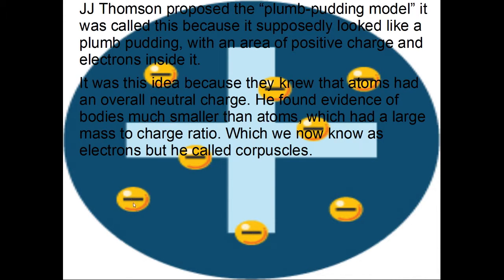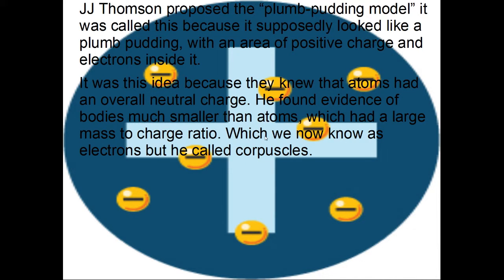If I remember right, electrons are just under 2,000 times smaller than a proton, and they had the same charge as a proton, so that is correct. He called them corpuscles, but we call them electrons. I don't know how to pronounce that.